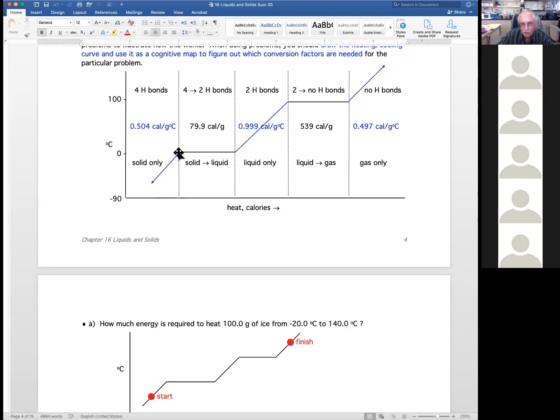Then after a while, the temperature is at 0 degrees, but it just stays there for a while. Oh wait, you're still putting heat energy into there, but it's not changing the temperature. So what is it doing? That heat energy is being used to break attractive forces. Make sense?